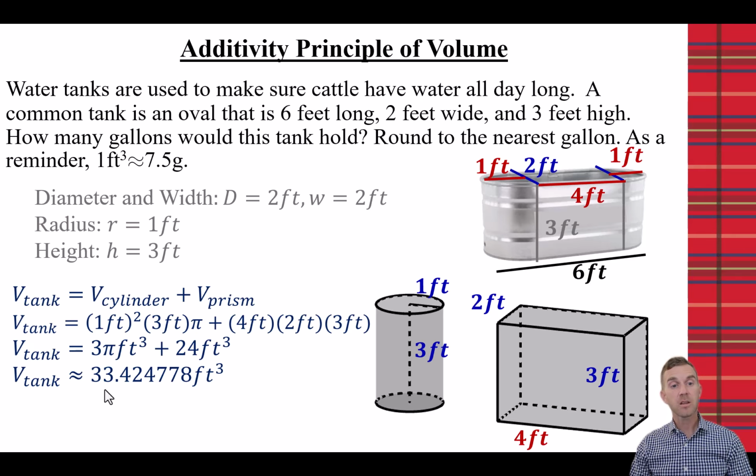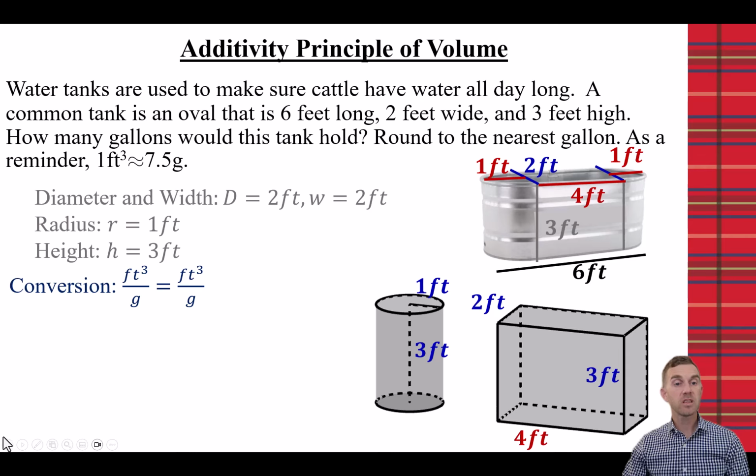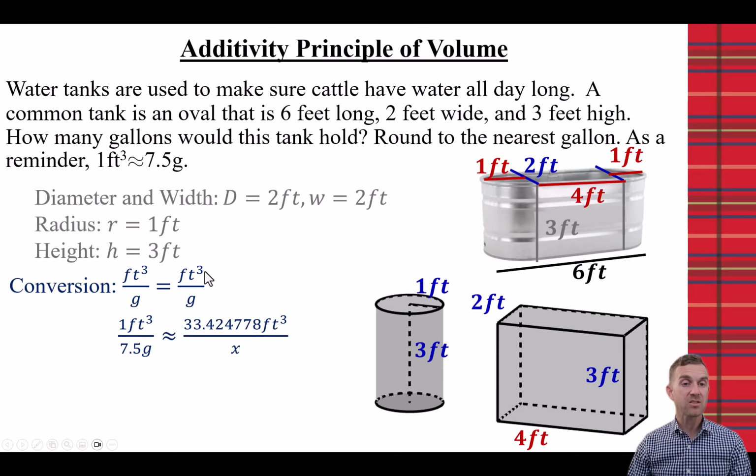Now we need to convert. So I'm going to convert by using the cubic feet to the gallons and make a proportion, because I know that this ratio has to be equal to the ratio based on the information I have. So I know that my conversion is 1 cubic foot to 7.5 gallons. That can make up my left-hand side. And then I say, well, what do I have on my right-hand side? Well, I just calculated the cubic feet as just under 33.5 cubic feet, and I don't know how many gallons that represents.